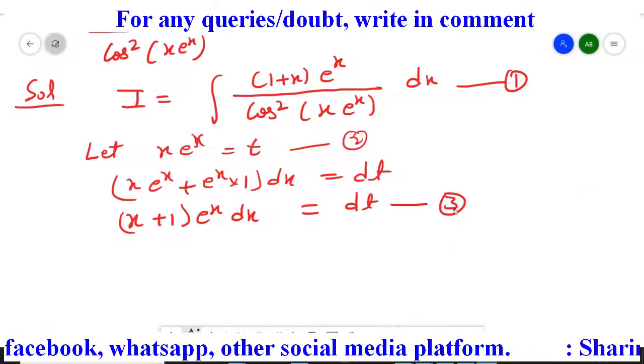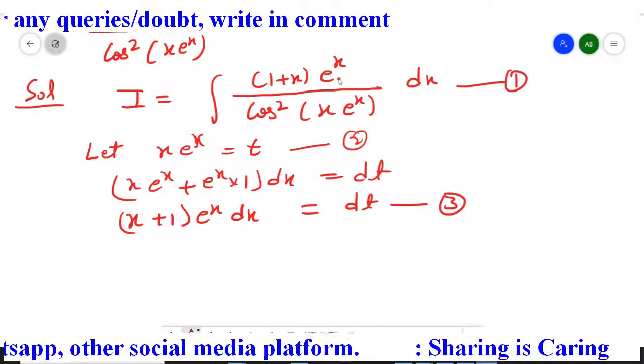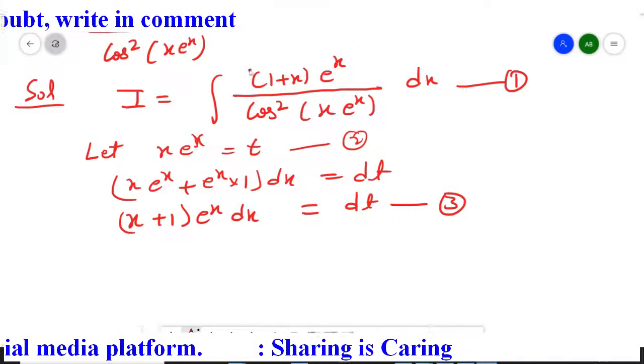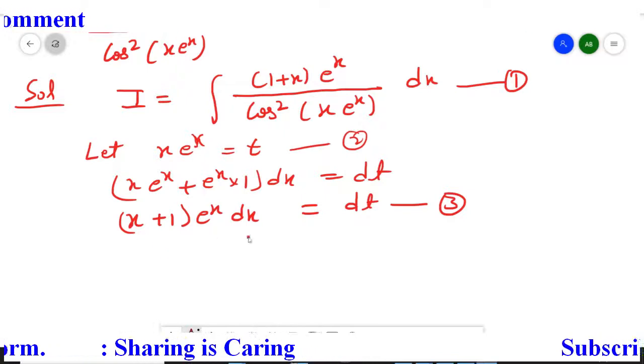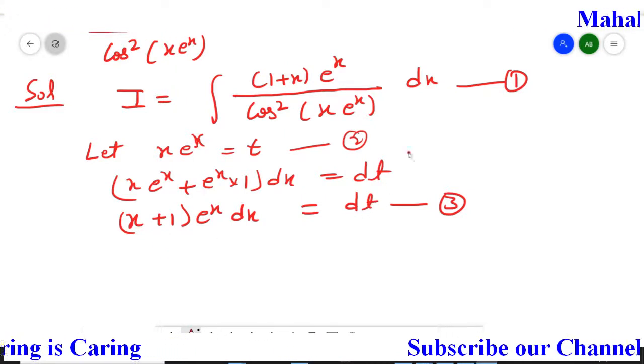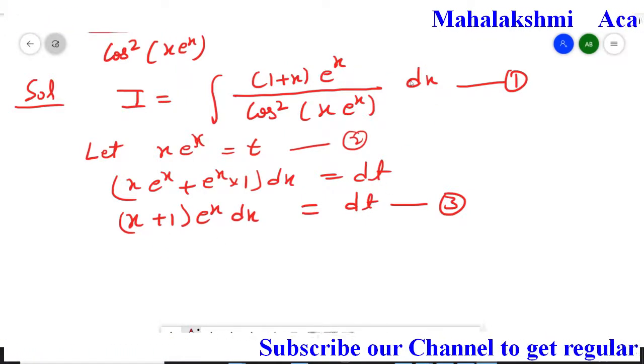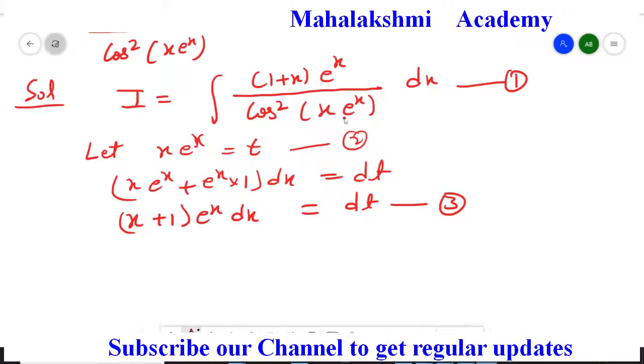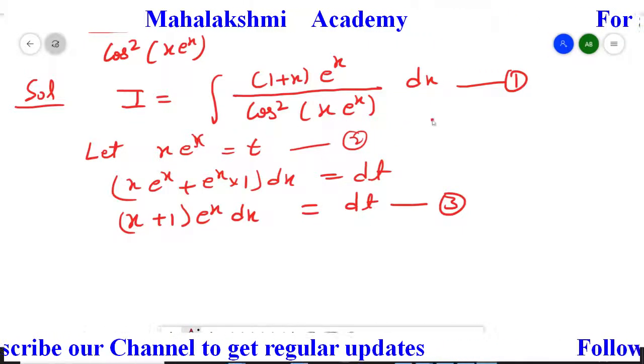Now just see students, here (1 plus x) e to the power x and dx. This complete expression is what we obtained as dt. So instead of these three we are going to write down only dt, and this one is your t. So all these replacements we will do.